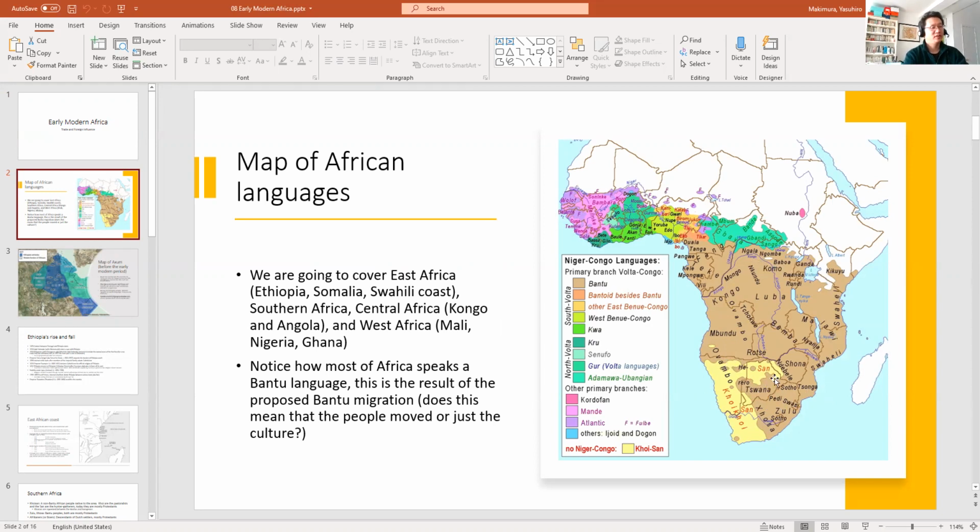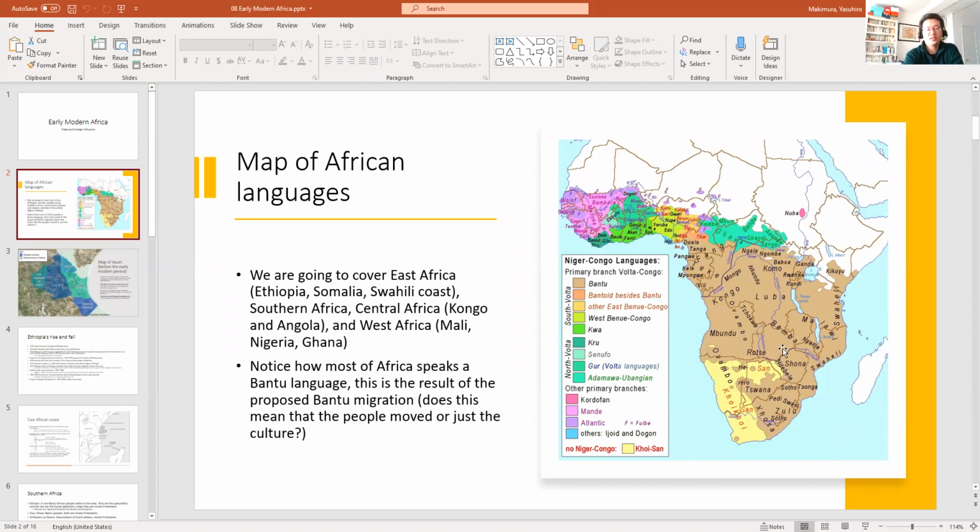So this part here is basically people who speak a Bantu language. So that's a huge chunk of Africa that they speak a Bantu language. So Bantu language speakers, linguists propose that they came from around here somewhere, and then they spread over here to Central Africa, and then they pushed further down south.